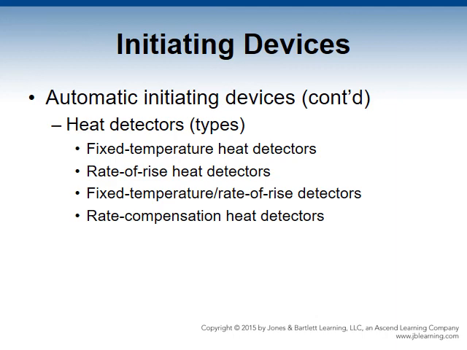Finally, we have rate-compensated heat detectors, which respond to predetermined air temperatures. They are not dependent on rate of temperature change. They are usually tubular and use two-element sensing systems. Two components for slow or fast temperature change.